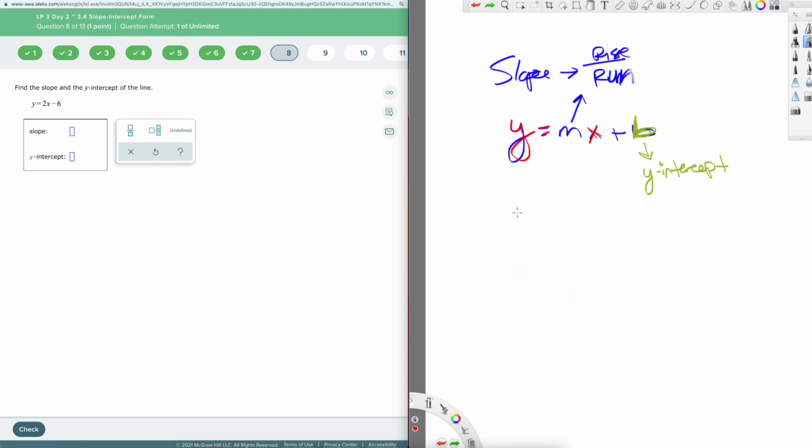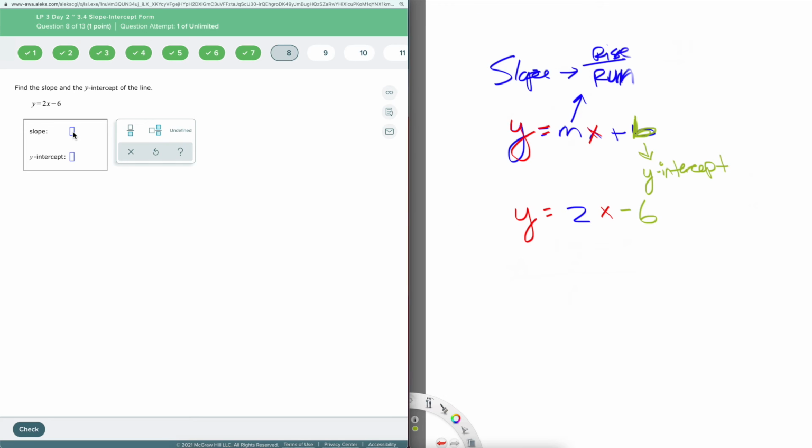In this one, our m, the number that's next to the x, is 2, and our y-intercept is -6. Sorry, not our slope. Our slope is the 2, the blue 2. Our y-intercept is -6. So I can very quickly match this up. Whatever number is being multiplied by x, that is my slope. Whatever number is being added or subtracted, that is my y-intercept. So my slope is 2 and my y-intercept is -6.